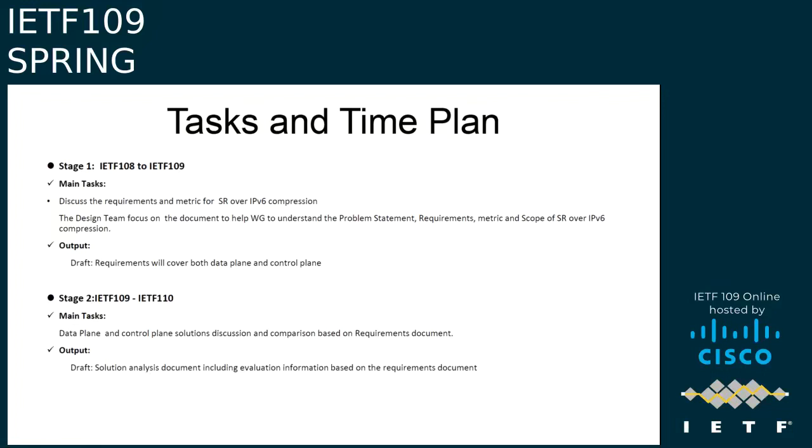I think we have achieved that. The second phase, during IETF 109 to IETF 110, we will do some analysis on several proposals and output an analysis document. Next page.